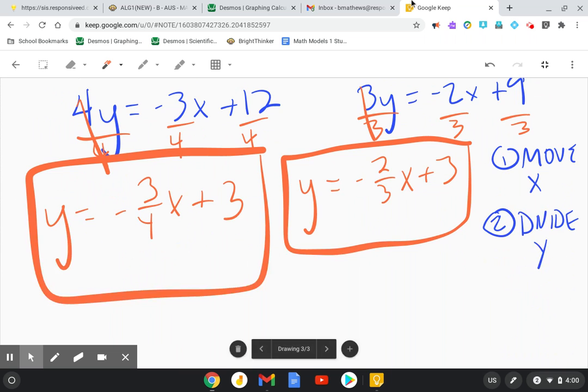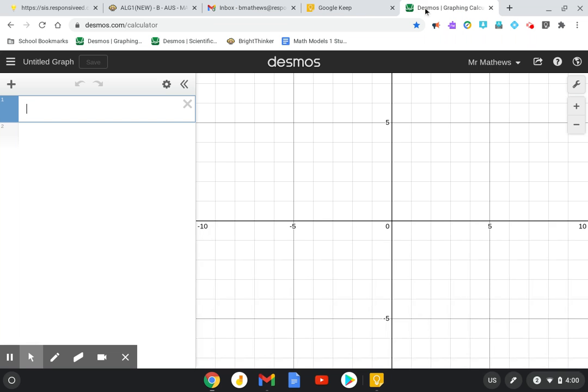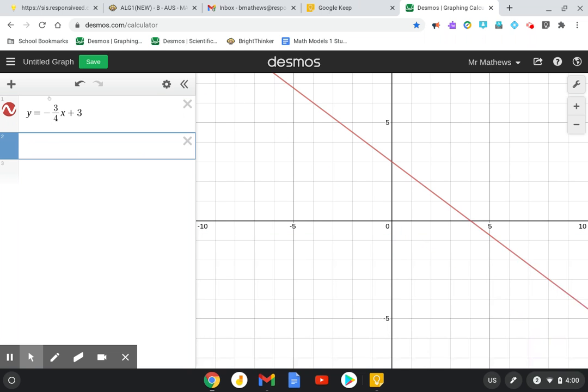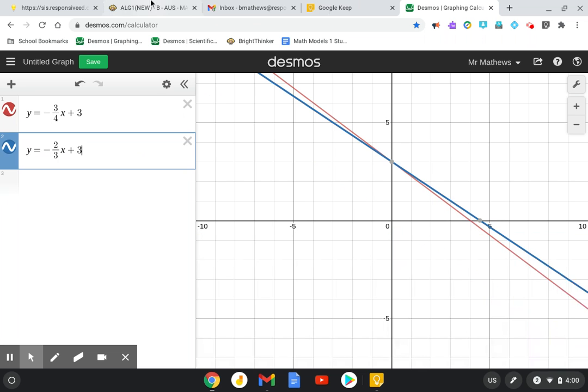So if I go to graph these two lines on my graphing system, I type y equals -3/4 x plus 3 and y equals -2/3 x plus 3.